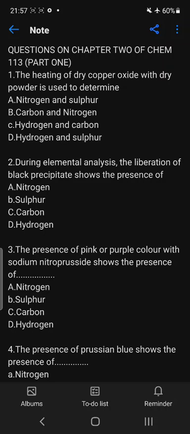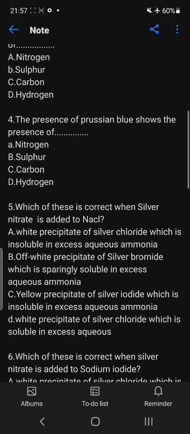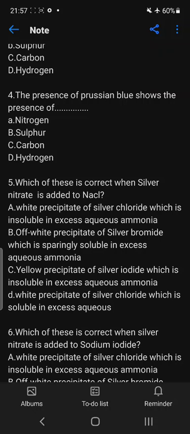I think I just explained that, so the answer is B, sulfur. Number 4: the presence of Prussian blue shows the presence of nitrogen. This topic has been treated already on my YouTube channel, so I don't have the time to be analyzing all the options.